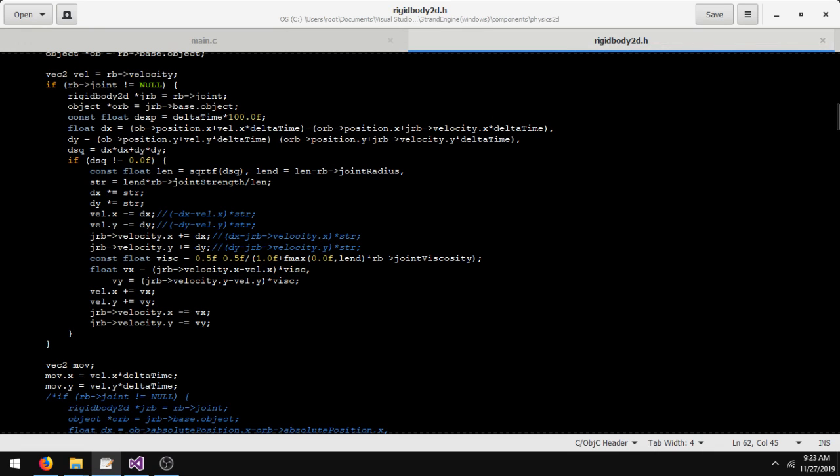Ooh, 1 second. Alright, I know why that's not working. It's because this is supposed to be multiplied by dexp instead of delta time.